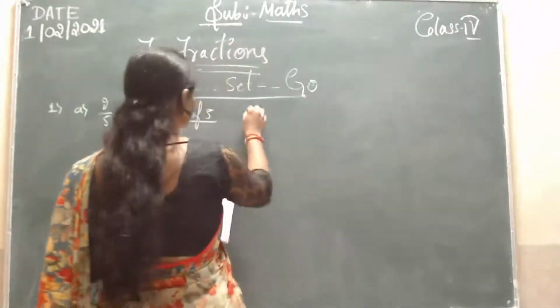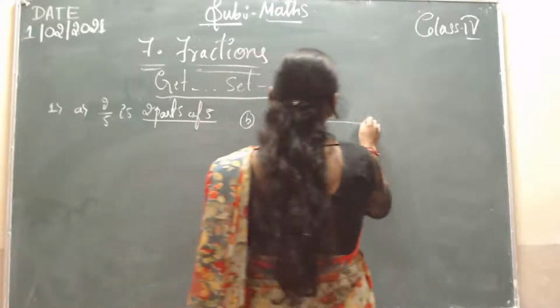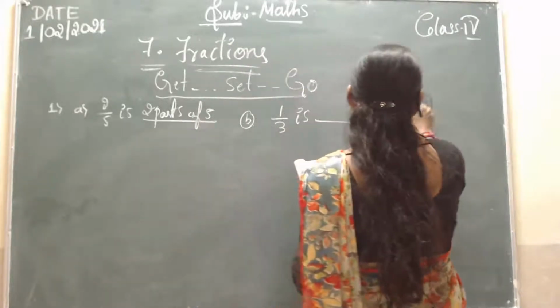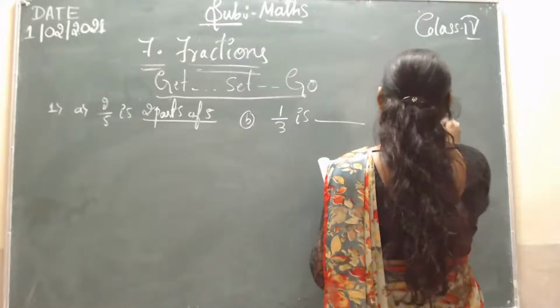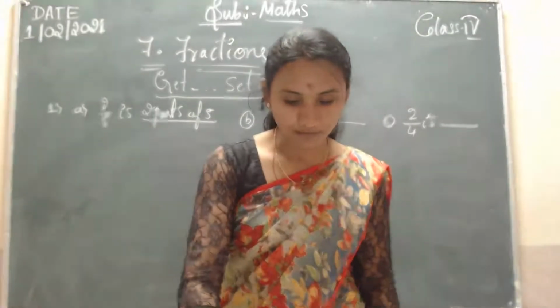In the next question there is already one example: 1 by 3, dash. The next is 2 by 4, you have to fill up the dash. Students, see here.